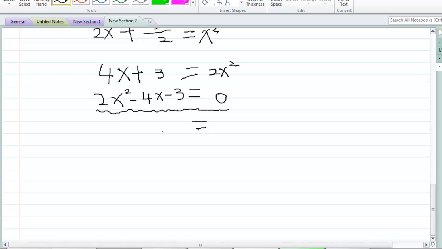Then we can compare to our standard form, ax squared plus bx plus c equals 0, so we can see what these terms are. This is obviously our a, this is our b term, and our c is negative 3. Be very careful about the negative signs, because they can be tricky and sometimes you forget, and then your solution comes out incorrect.